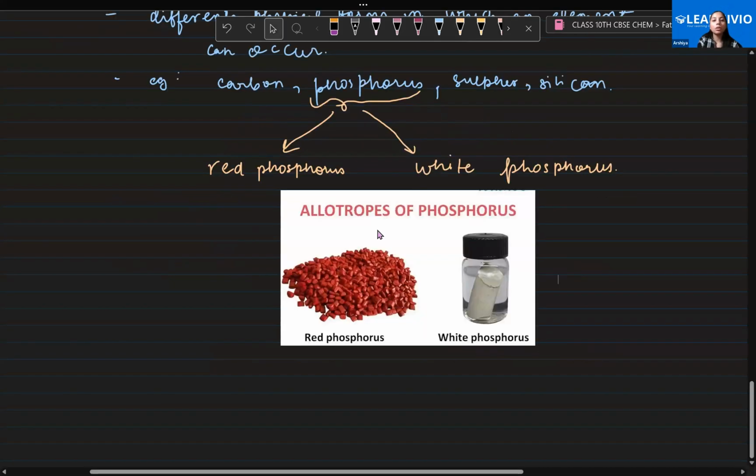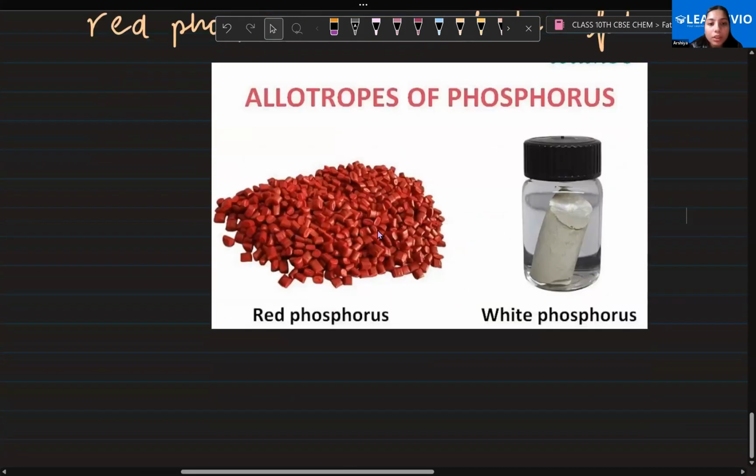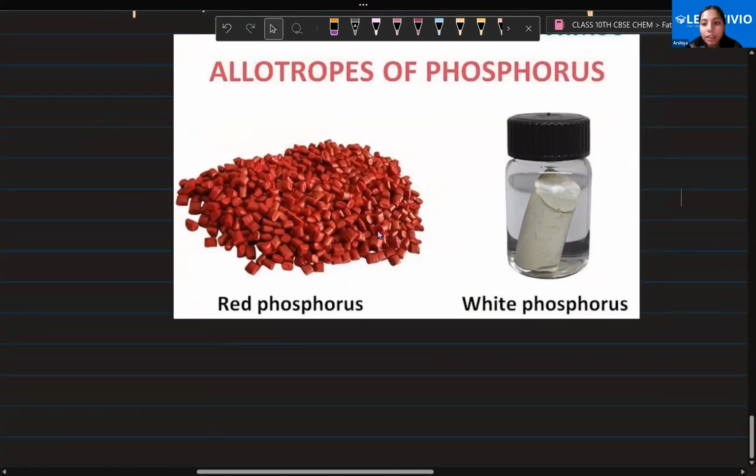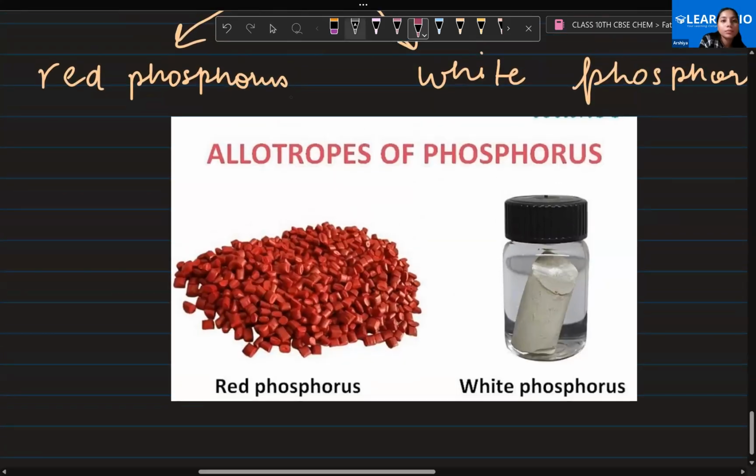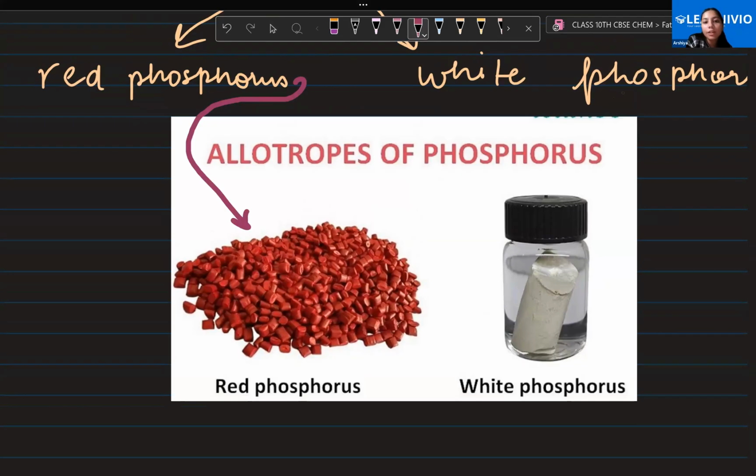So if I zoom in a little bit, this is how red phosphorus looks, and this is how white phosphorus looks. So they're different. Ma'am, it looks like tablets. Yes, it does. Also a little bit like crayons, a red crayon that has broken into smaller pieces.